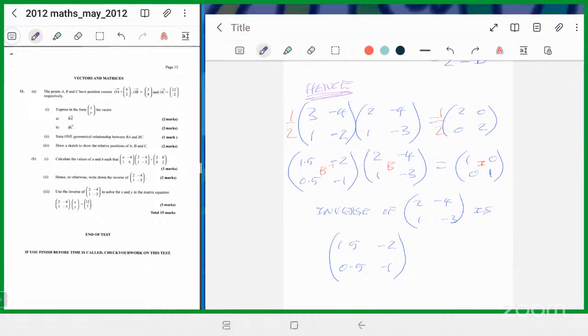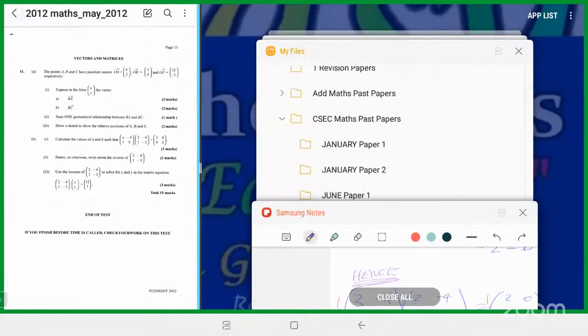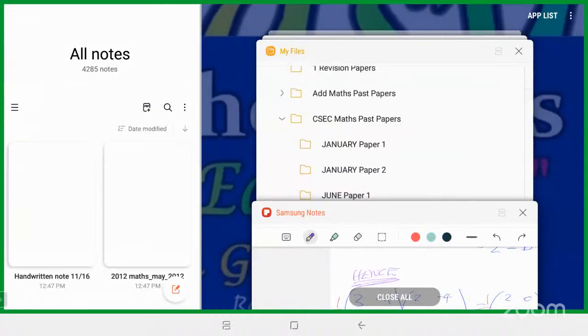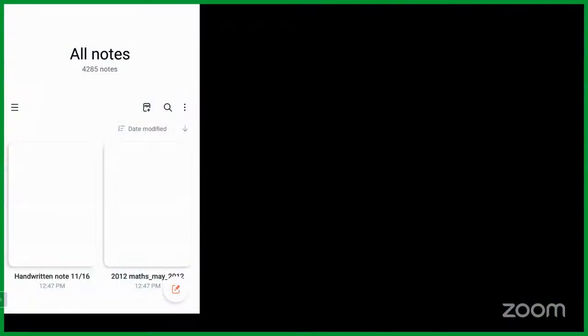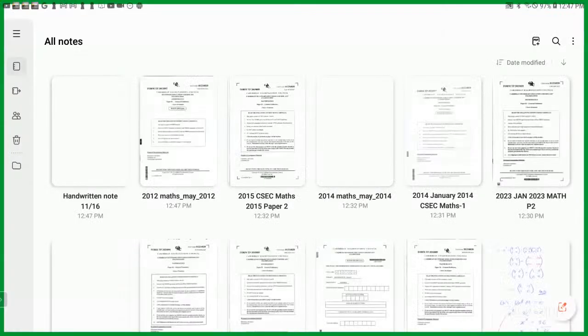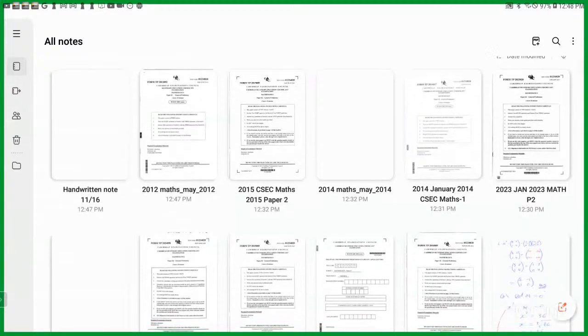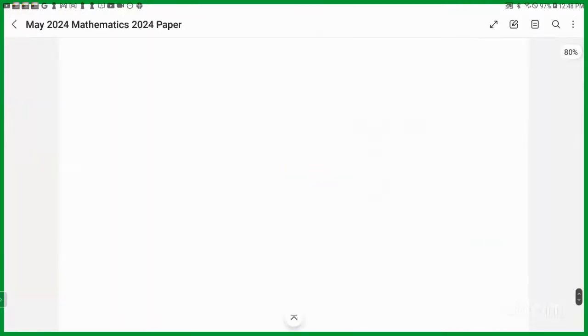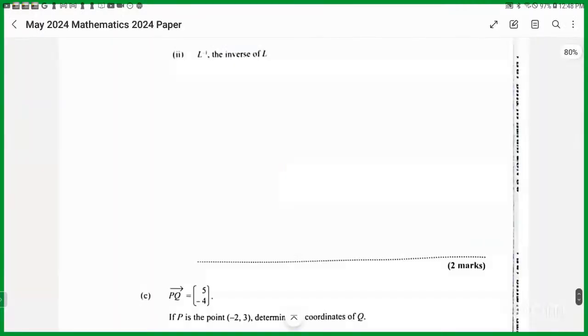And I can even just show you quickly on the most recent exam, which is the May 2024, which is right here. Usually 2 transformation questions on the paper.